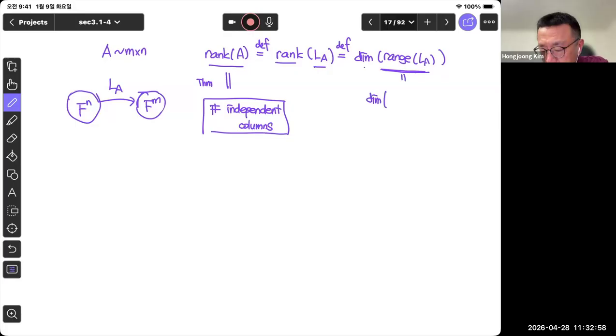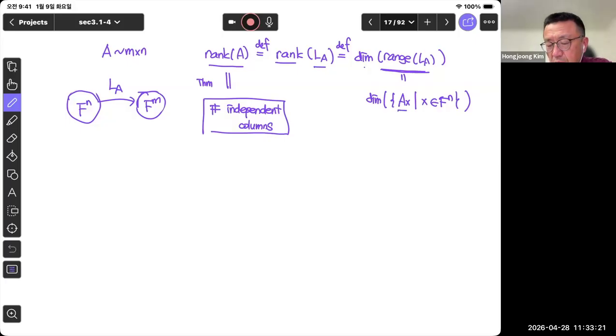The range is, as I said, the collection of A times X vectors when X varies within the domain. What does A times X represent?